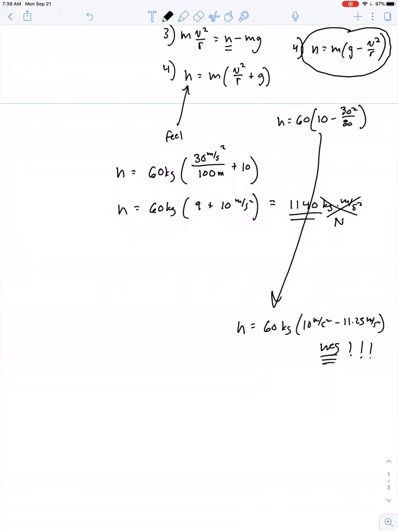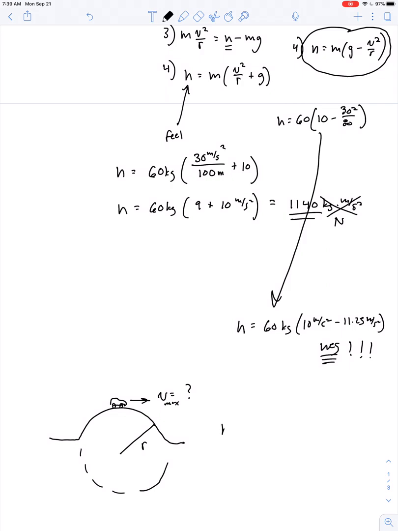So as a car drives over the top of a hill, we ask, what's the maximum safe speed given some radius of curvature? And it works out that the normal force is equal to m times g minus v squared over r.